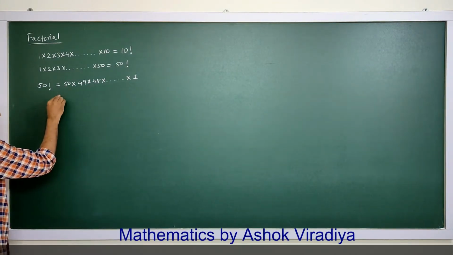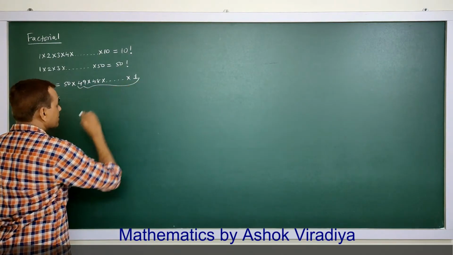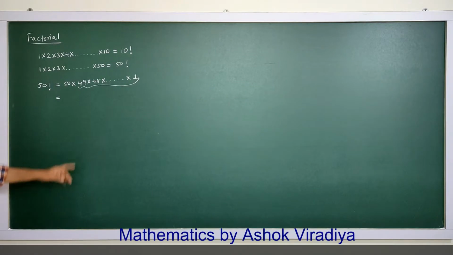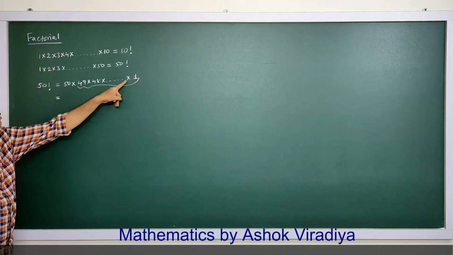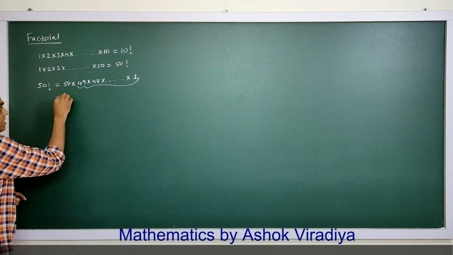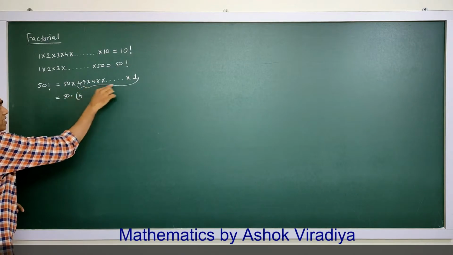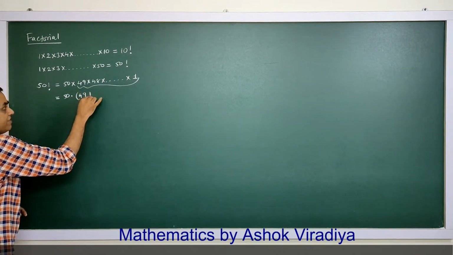Now look here. If you observe this part of the product, then it is a product of first 49 natural numbers. So this can be expressed as 50 into, this is now, 49 factorial.